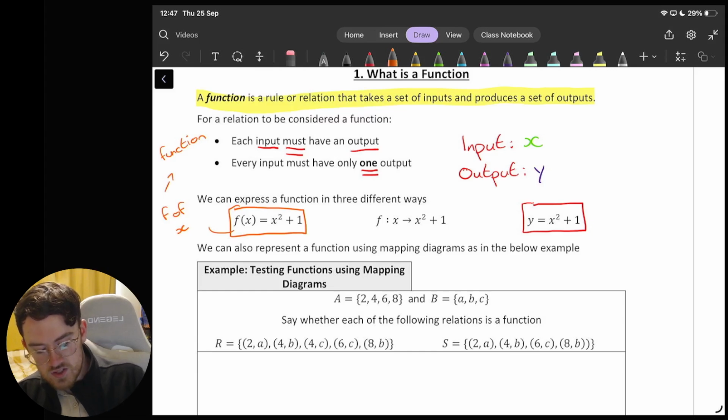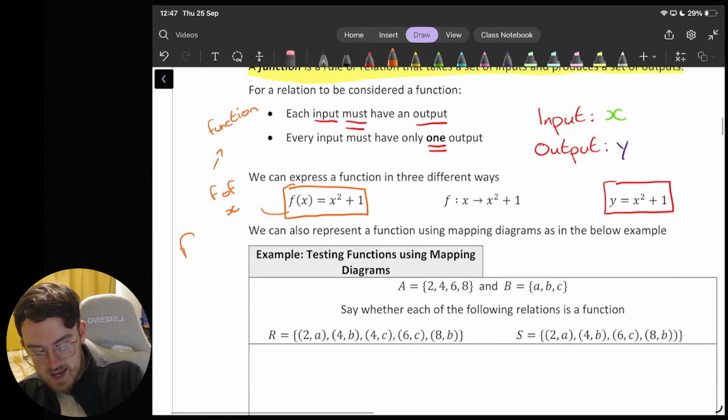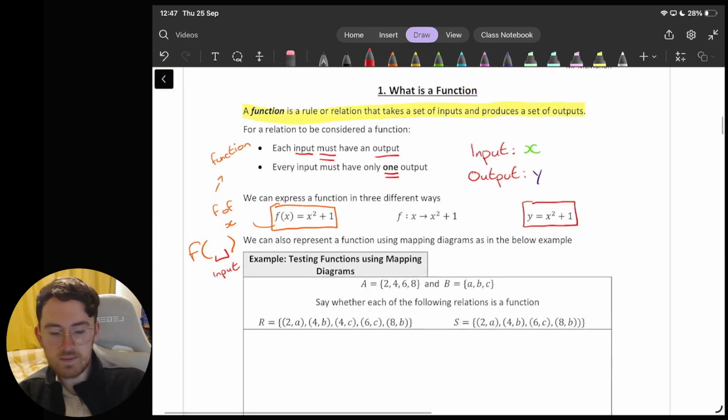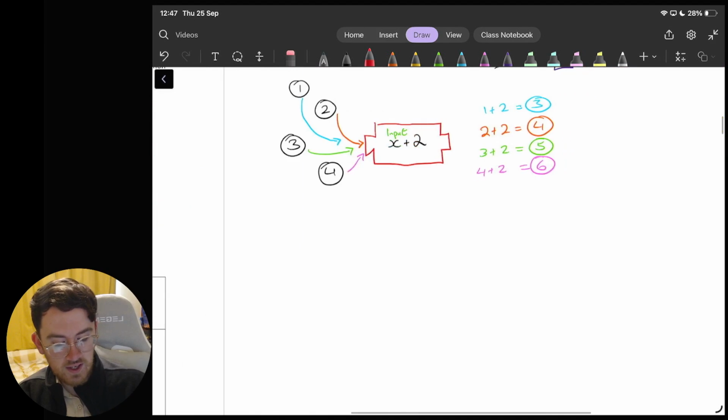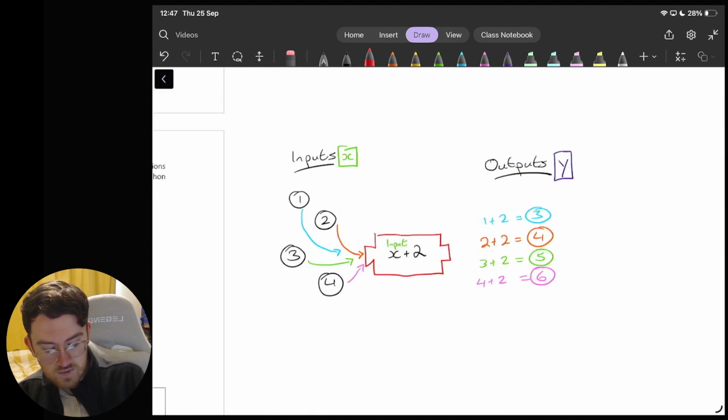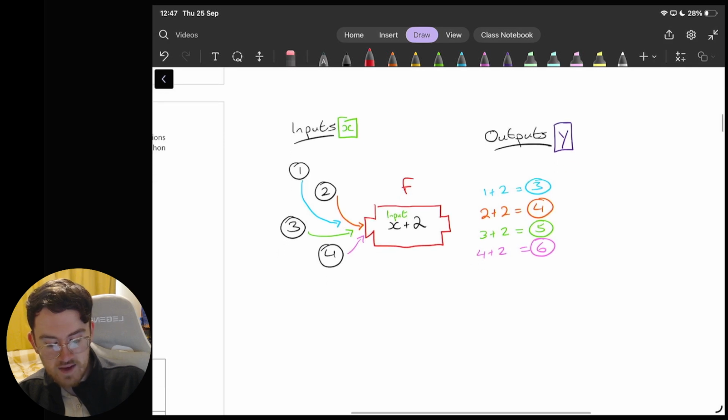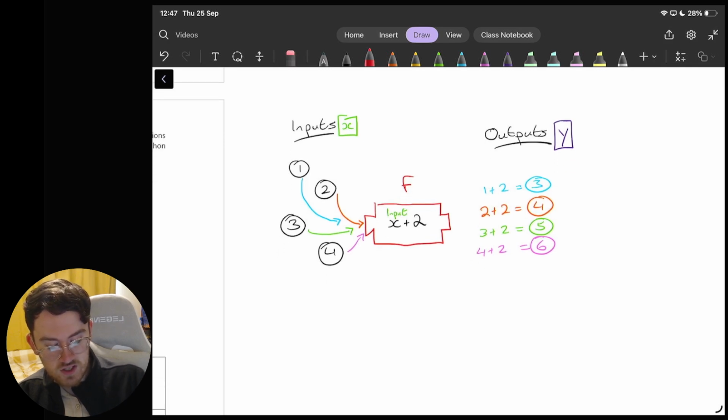I would always read this as f with the two brackets, and what's inside is my input. So it's a visual representation of what we saw with our machine. If this is my function f, this is my x value that's gone in, and this is f of whatever my x value was.